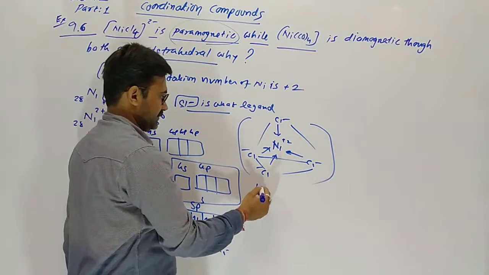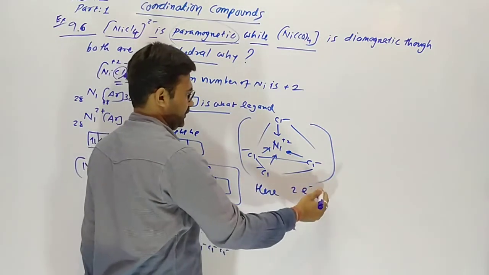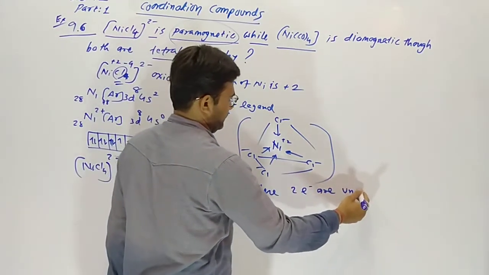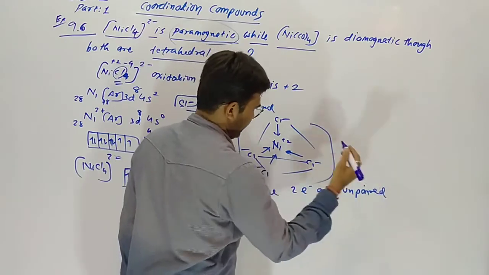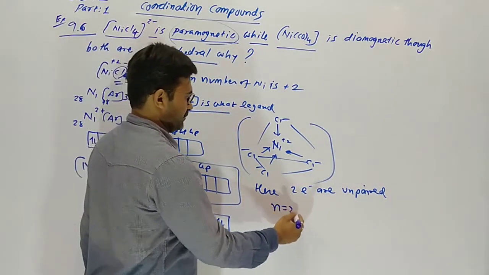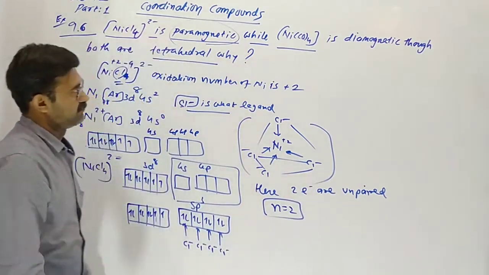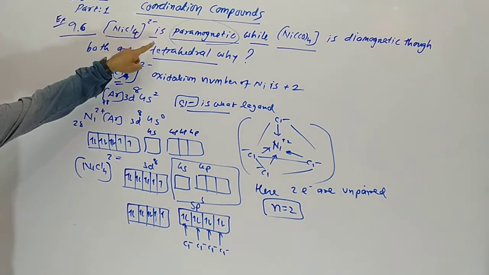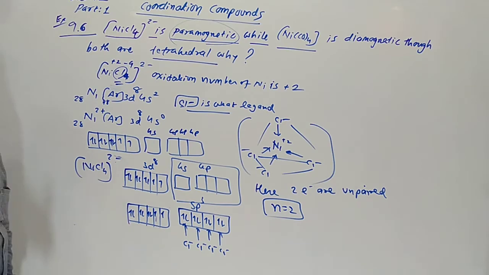Why? Here 2 electrons are unpaired. Here 2 electrons are unpaired. So by nature, it is paramagnetic.